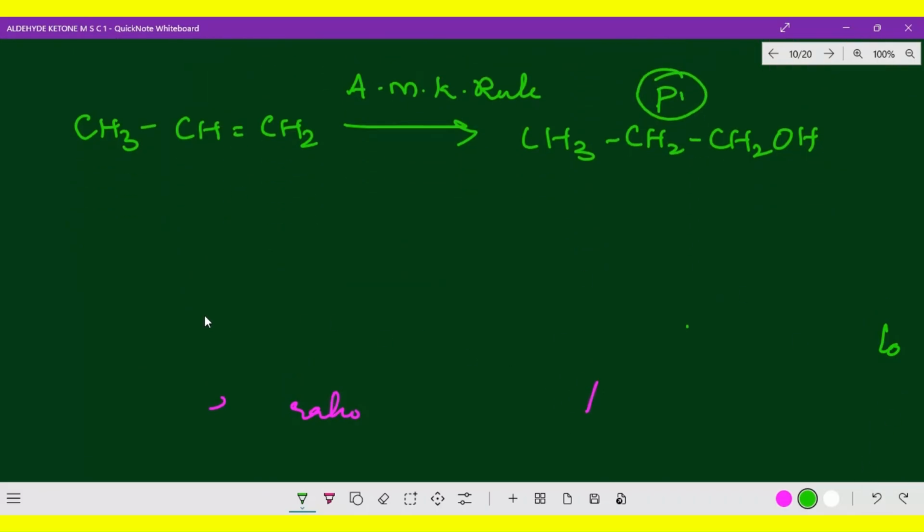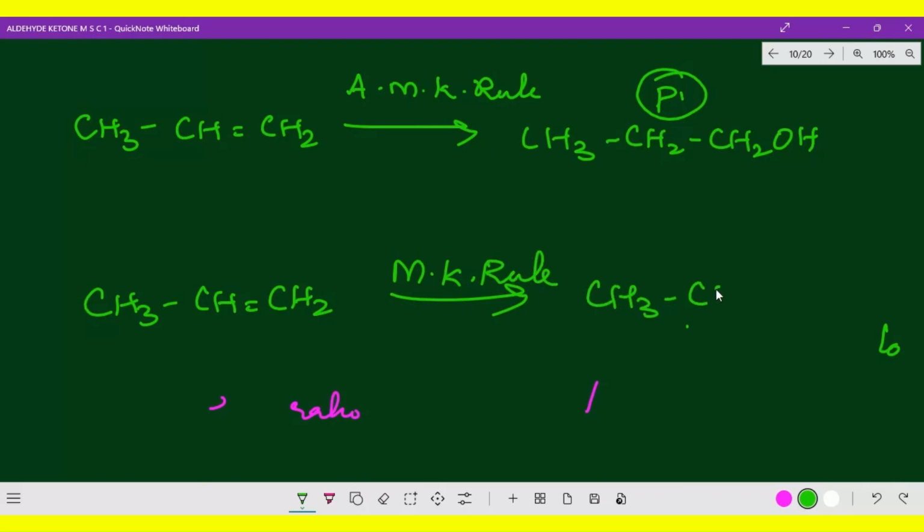Now we are going to see Markovnikov's rule. CH3, CH double bond CH2. So here, according to Markovnikov's rule, CH3, CHOH, CH3. So this is product R. Okay, now this is P and R.